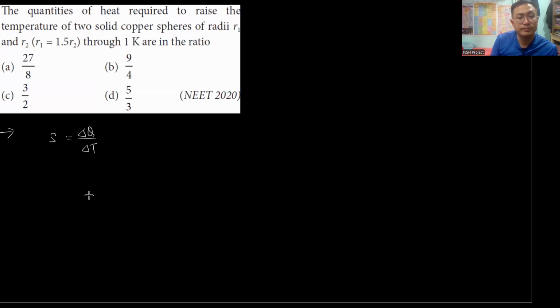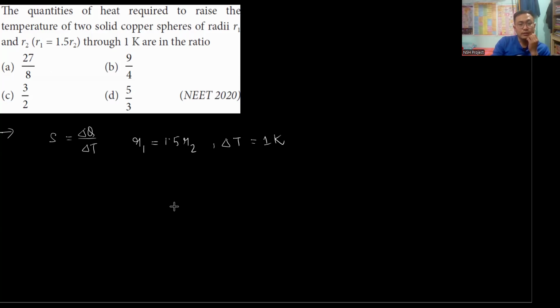Here R1 is equal to 1.5 times R2, and delta T is 1 Kelvin, through 1 Kelvin.